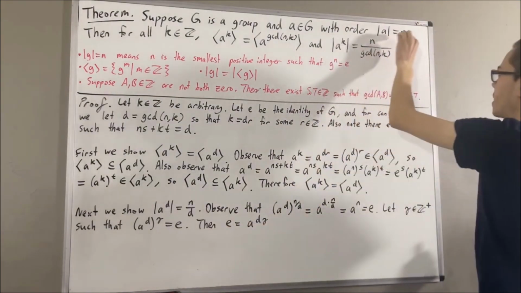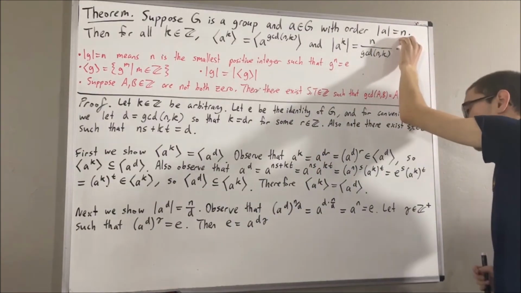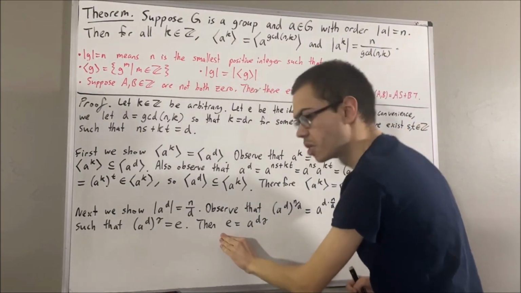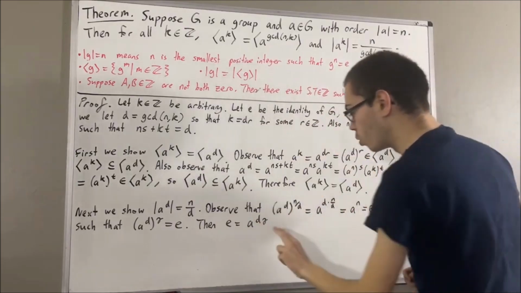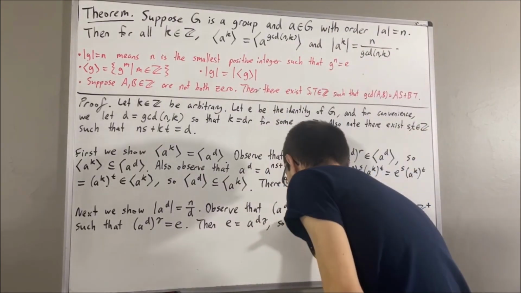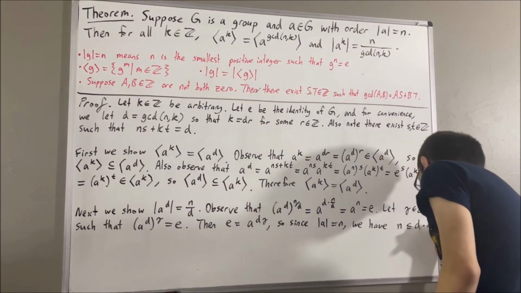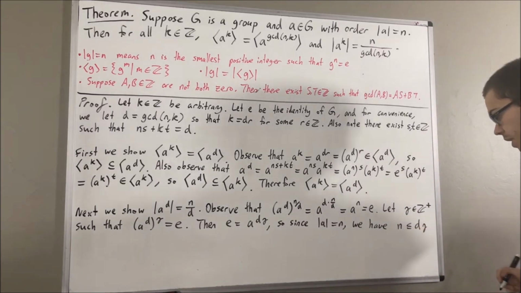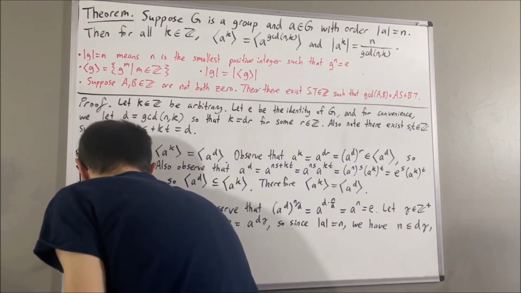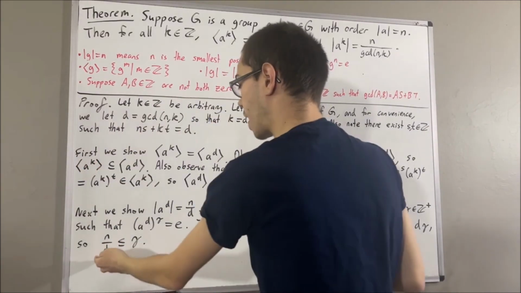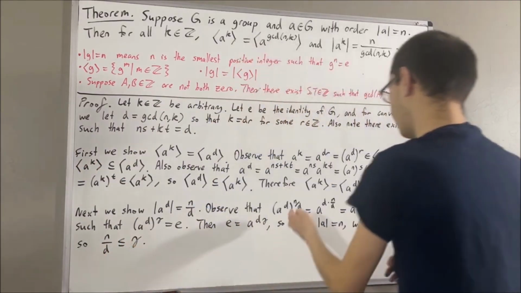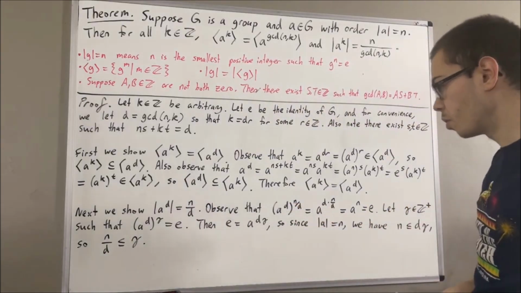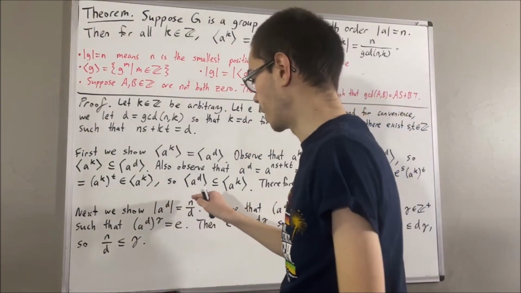But since the order of a is equal to n, this means that n is the smallest positive integer that's able to do this. So n must be less than or equal to d times gamma. And then, dividing d to the other side, we get n over d is less than or equal to gamma. And that shows n over d is the smallest positive integer that does this. So, the order of a to the power of d must be equal to n over d.